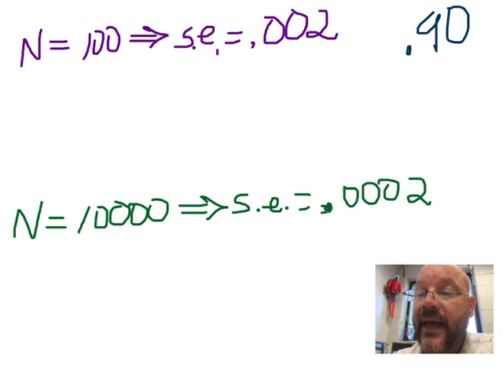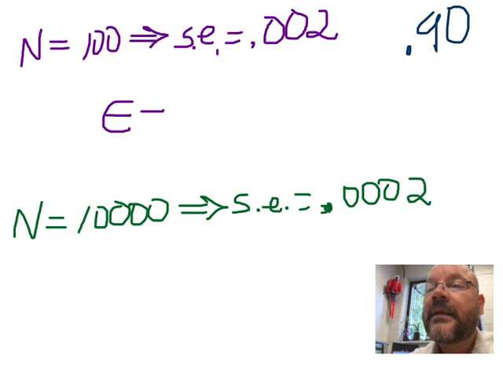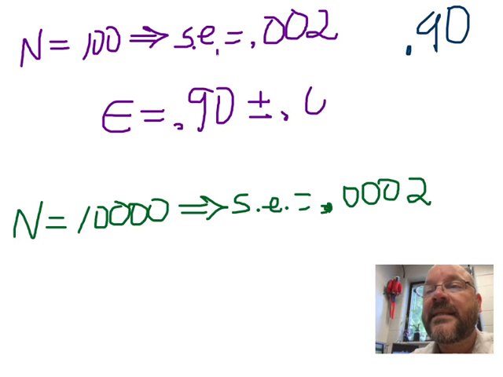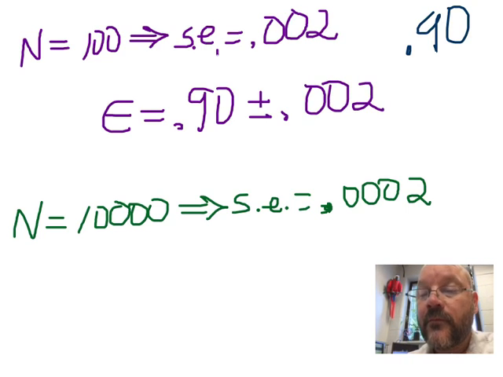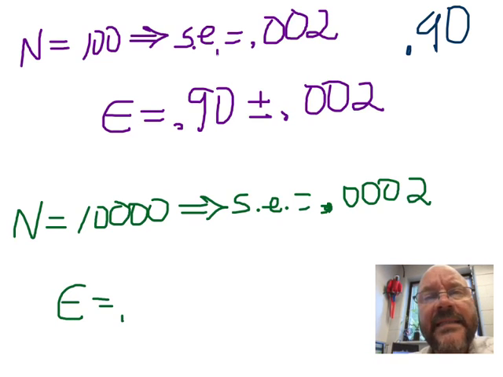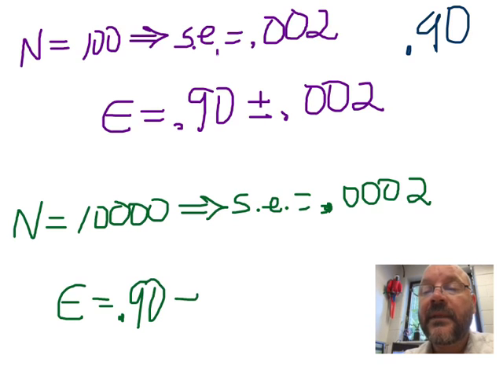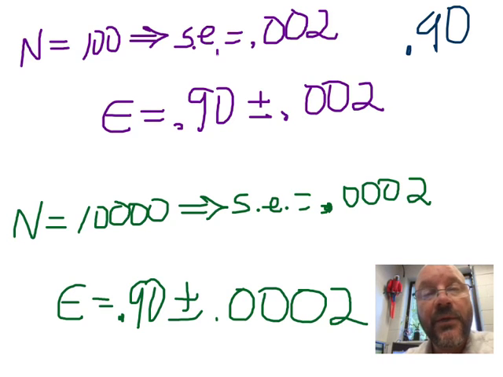So the situation that we have is if we have 100 data points, then what we say is that the coefficient of restitution is equal to 0.9 plus or minus 0.002. On the other hand, if we had 100,000 data points, then we can feel a lot better about the value for the coefficient of restitution and say that it's 0.9 plus or minus 0.0002.